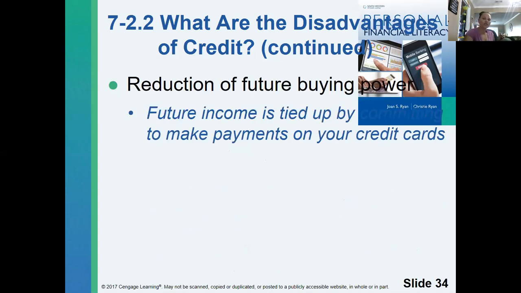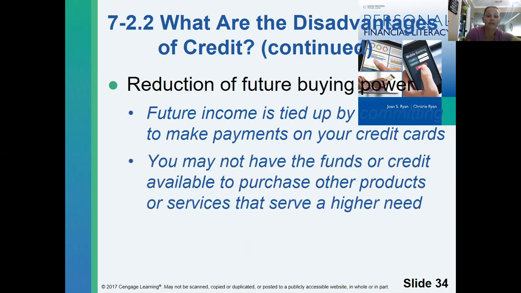So, reduction of future buying power. Your future income is tied up by committing to payments on your credit cards, and you may not have the funds or credit available to purchase other items or services that you need later on. As I was saying, for a house, say you buy your house and your mortgage is $2,000 a month for the next 30 years and you have a great job, but you are committing to paying $2,000 a month for the next 30 years.